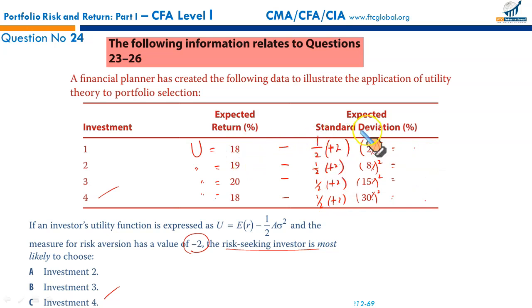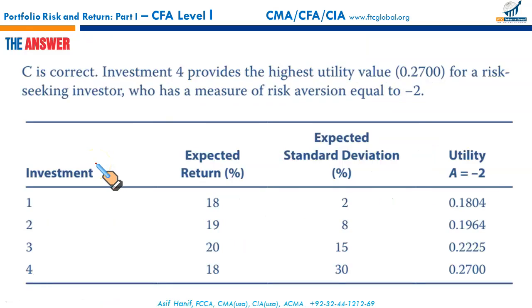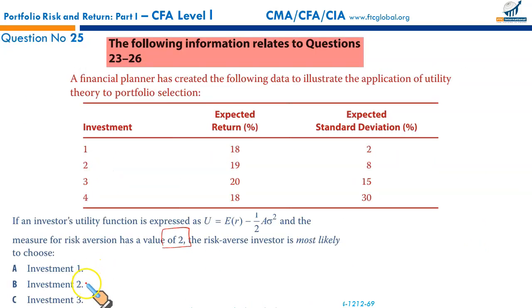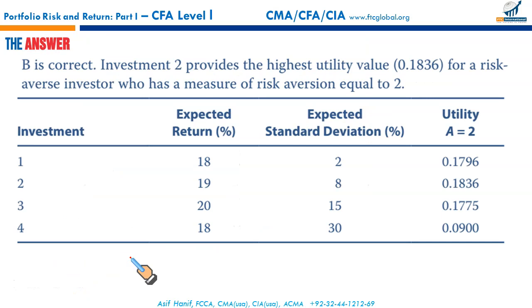So 18 minus this part, and you will get 17.96% for investment 1, 18.36% for investment 2, for 3 it's going to be 17.75, and for the fourth one, it's going to be 9%. So the one that is offering you the highest utility is investment 2. Question number 25, investment 2 is the right option. That's B, and B it is.